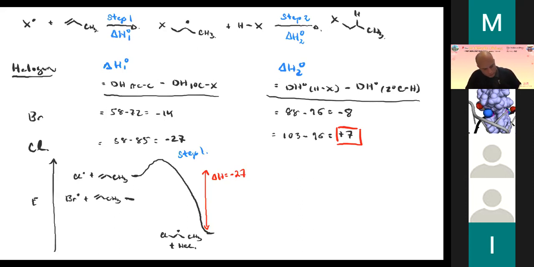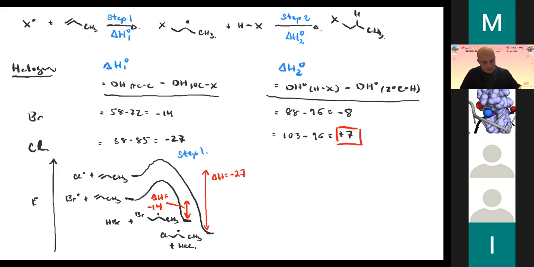And this is going to go to the alkyl bromide plus the alkyl radical, and that delta H is minus 14, okay?